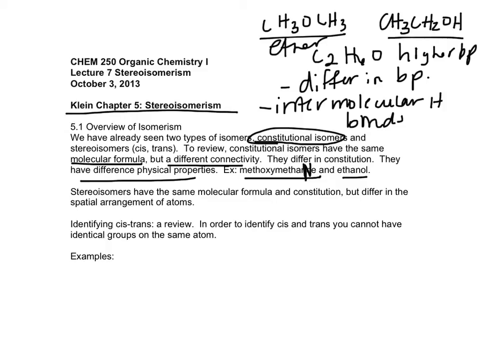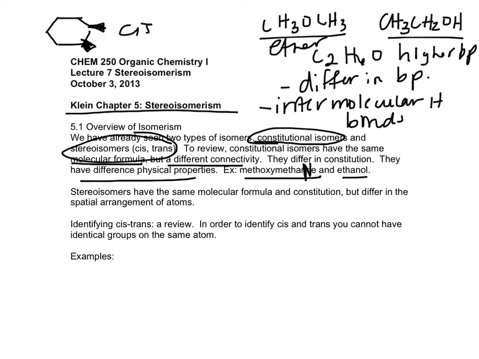We've already seen different types of stereoisomers when we looked at cis and trans, and we did this with our chairs and our cyclohexanes. Okay. So here I have a cis isomer.